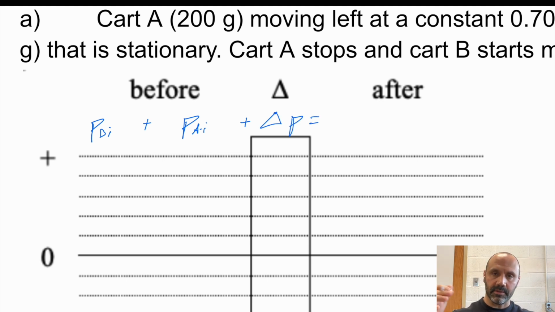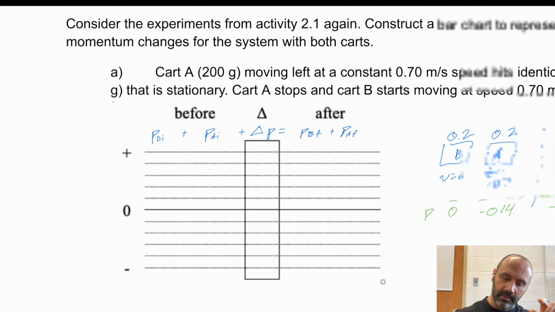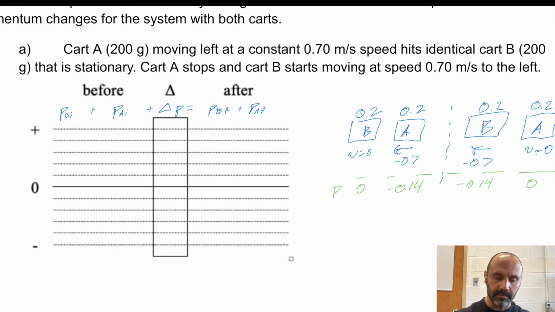If there are outside forces, outside things acting and changing the momentum, taking away or adding, then that's what would go there. And then the final momentum of cart B and the final momentum of cart A. The only reason I'm putting B first instead of A is because in my diagram, I have B on the left and A on the right.